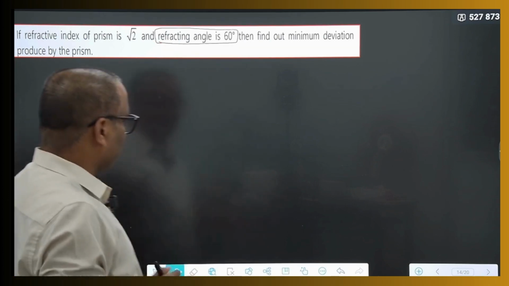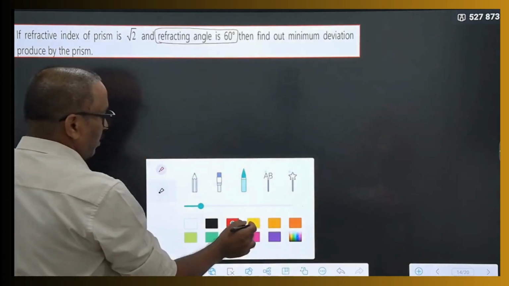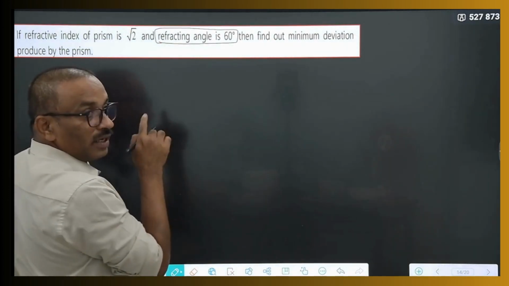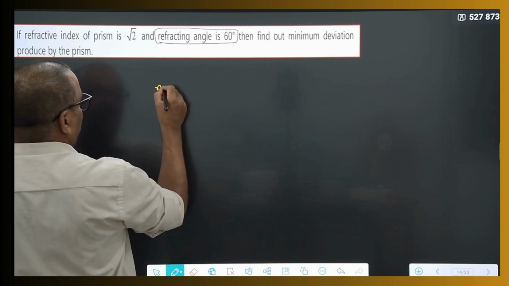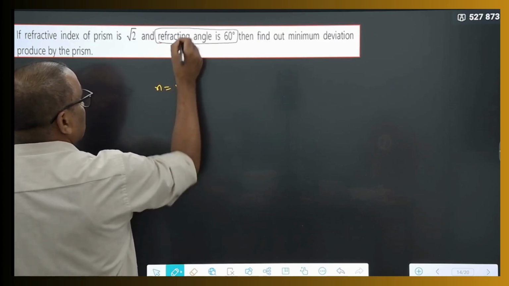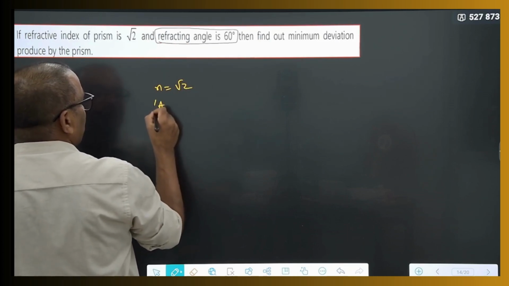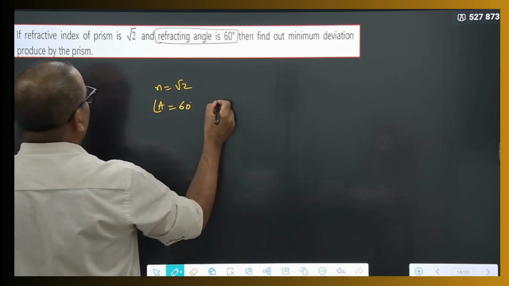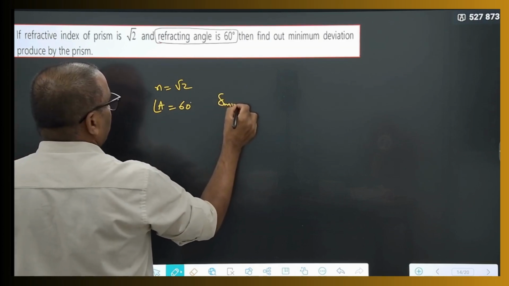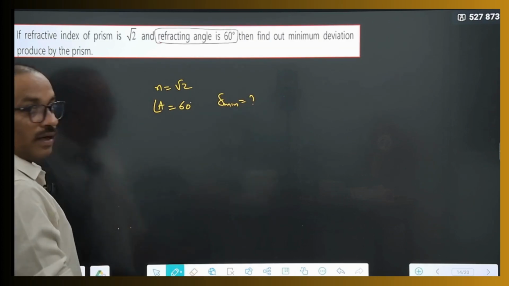But refracting angle is nothing but the angle of prism. What is given? Refractive index is root 2. Find out the minimum deviation, delta M is asked. Clear?